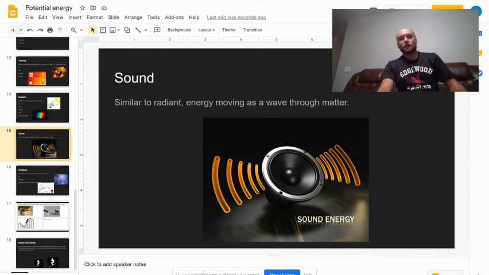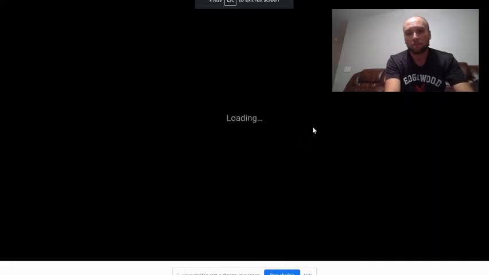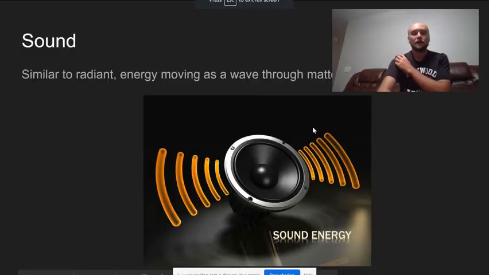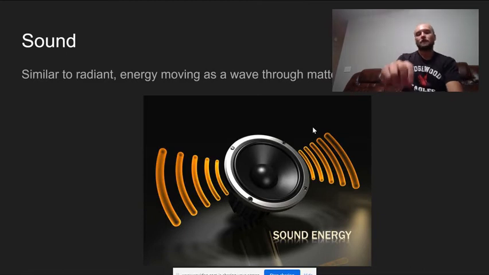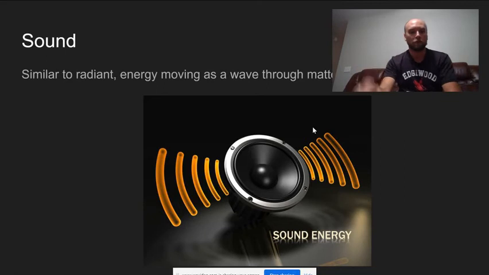All right. Another type of kinetic energy that we have is sound energy. This is very similar to radiant, as you have energy moving as a wave, like through water. Something that you can think about with this is if you have ever dropped a rock in water or in a pond, you'll notice that the waves ripple out from that source. Sound is the same idea.